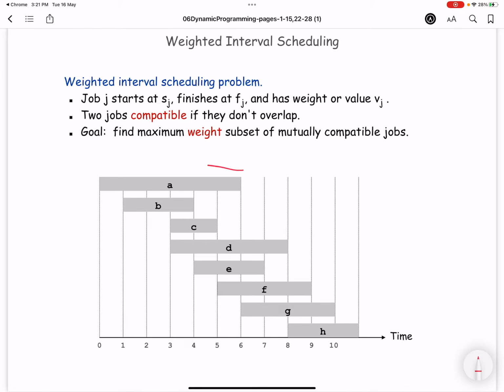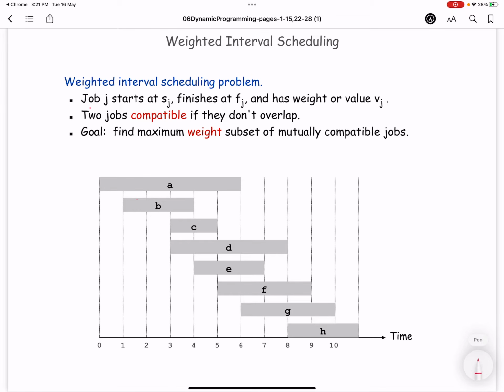For example, if I choose this interval, I can choose this and this, they are not conflicting. But my goal is to select the intervals that have the maximum total weight.